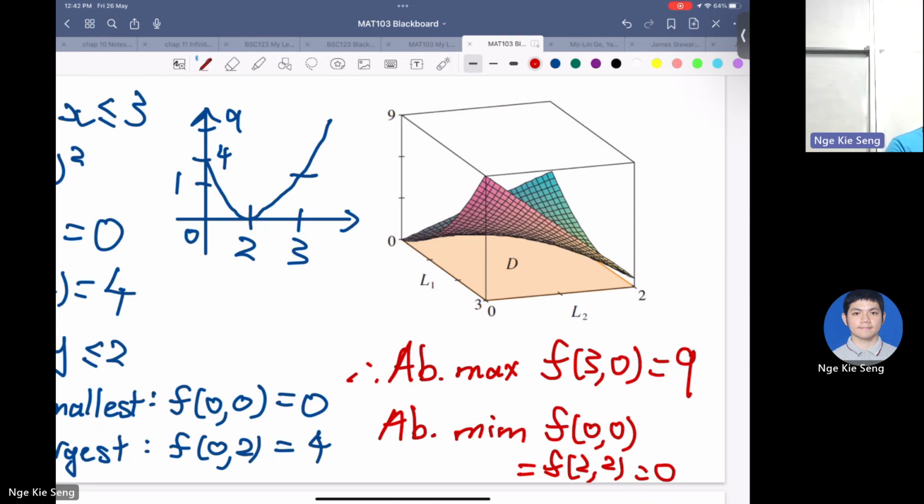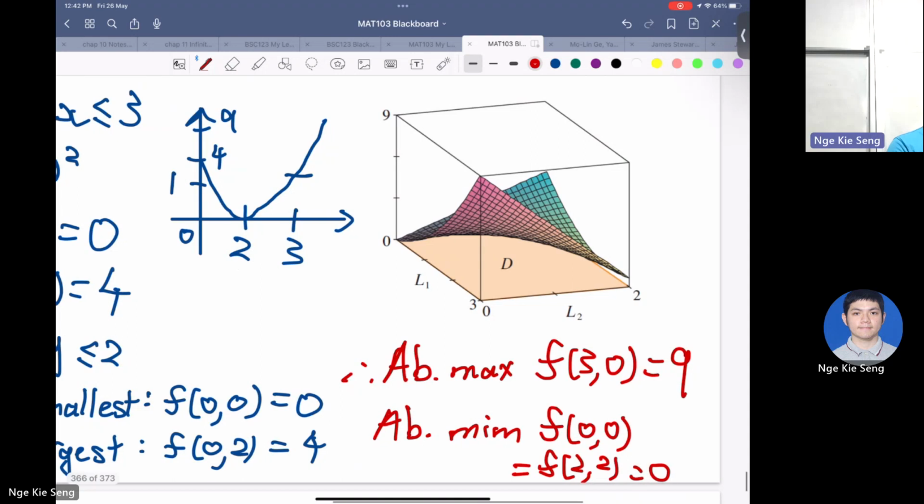Where's (3,0)? Okay, so (3,0) is here. You can see that this piece of cloth here is higher, right? So this point is higher.